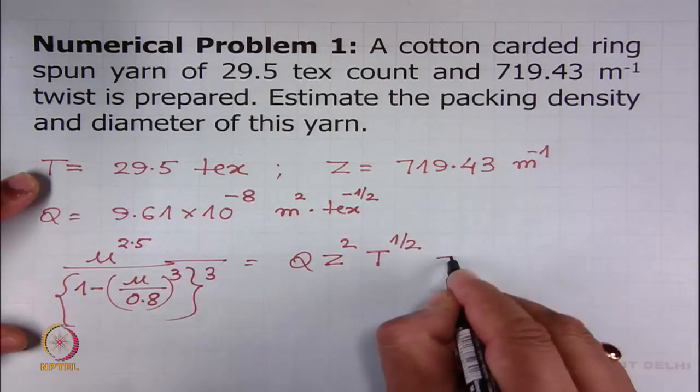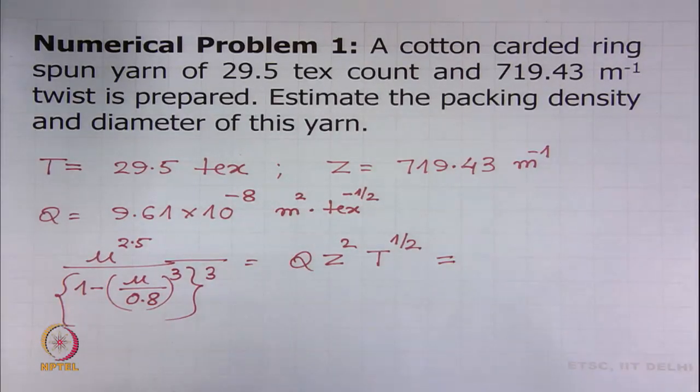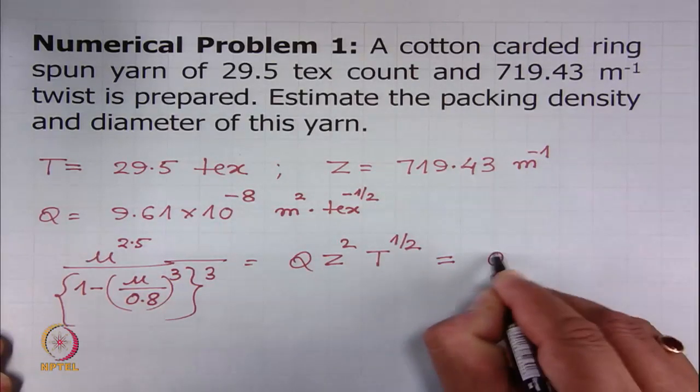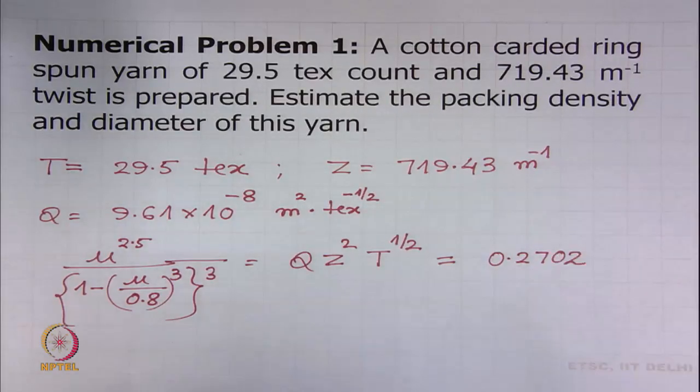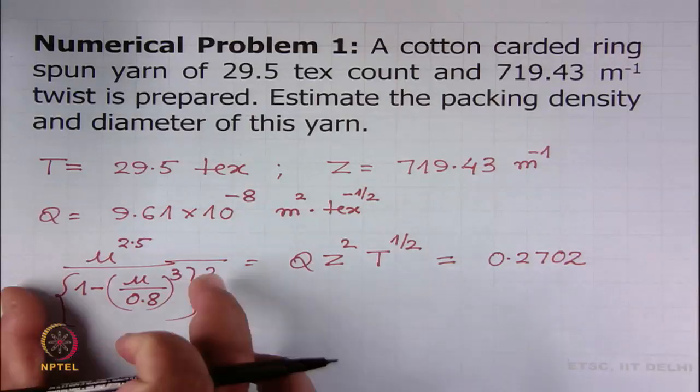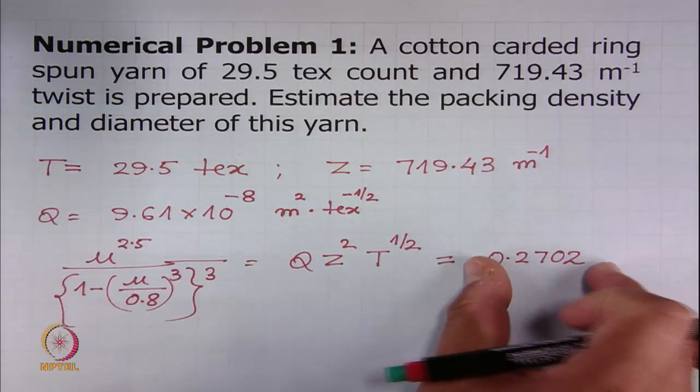So, as a result what you obtain is 0.2702. So, you will obtain this value 0.2702. So, this expression is equal to 0.2702.